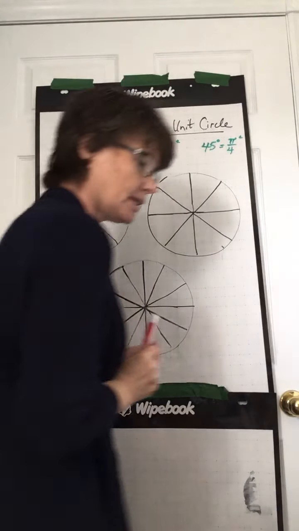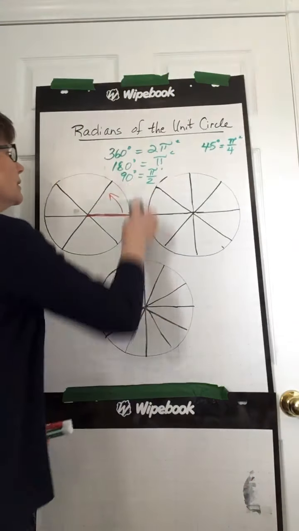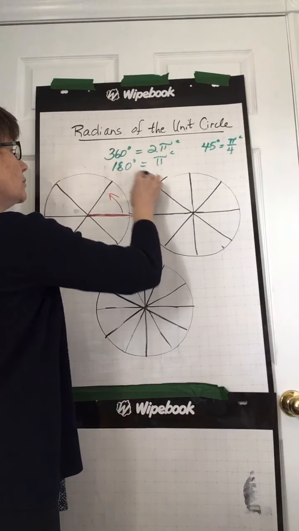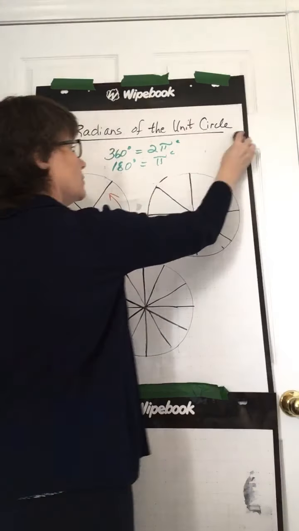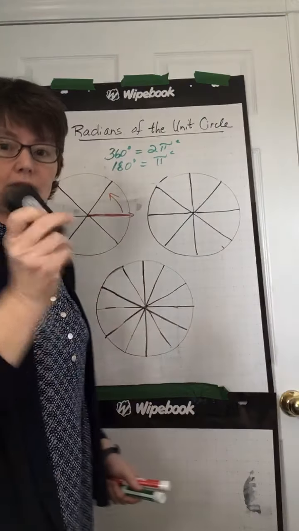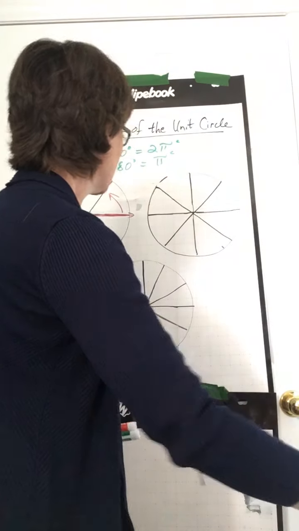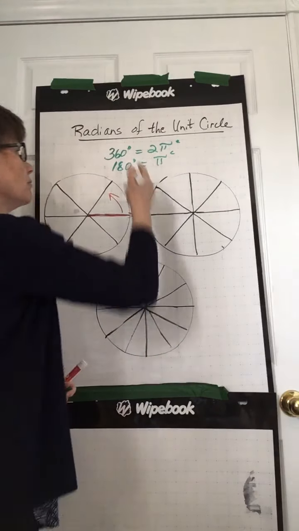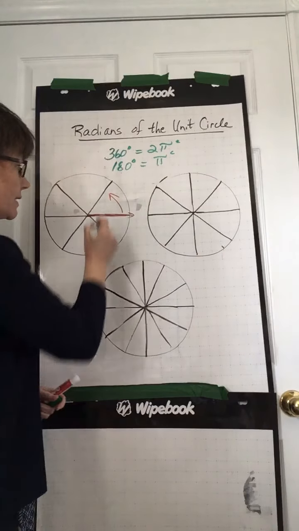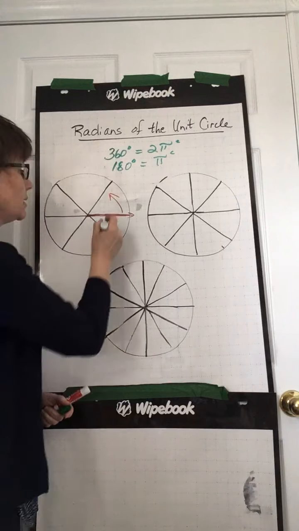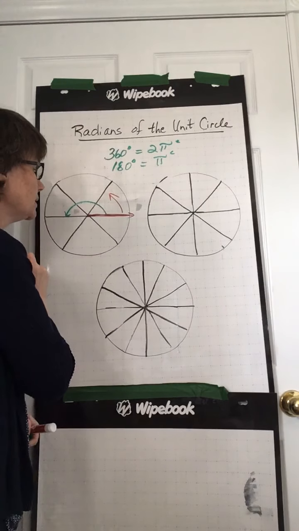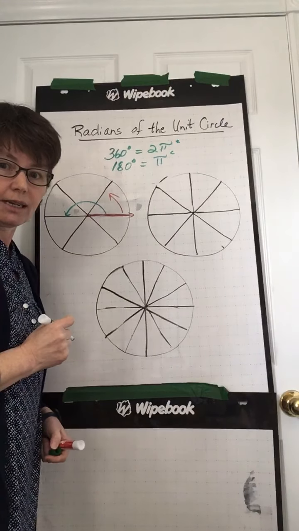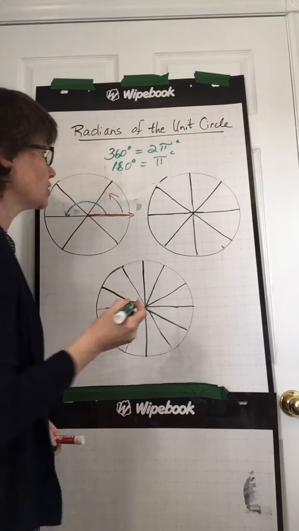Then, if we start back at this one, 180 degrees equals pi, and we divide both of those by 3. I might have said 80 there by mistake. 180 degrees equals pi radians. And we think about this first circle we have here. Here's 180 degrees. I have then divided that 180 degrees into 3 equal sections.